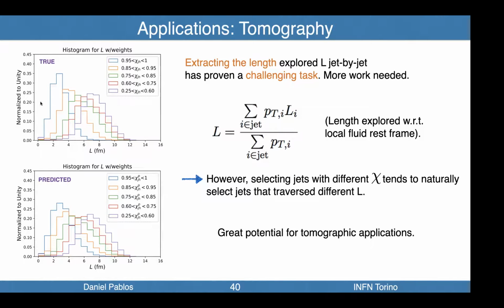For a given range in chi, you have a relatively wide distribution in L. So it's less likely that if you get a good performance on the chi, you get a good performance on the L. But I'm sure that in Jewel, this length has been well defined, also energy weighted, and I think one could try to extract this length in Jewel.